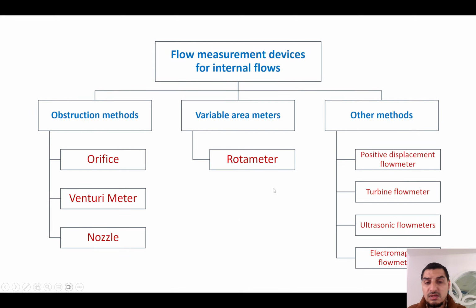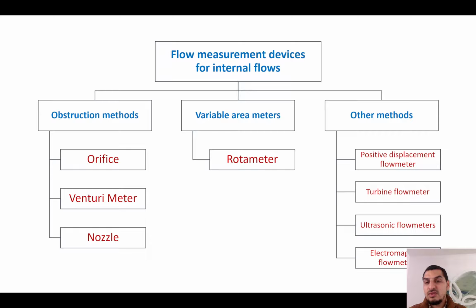A rotameter is usually used in labs or for small flow rates. And there are other methods that are specific for different cases or specific fluids, or that are required for high accuracy measurements.